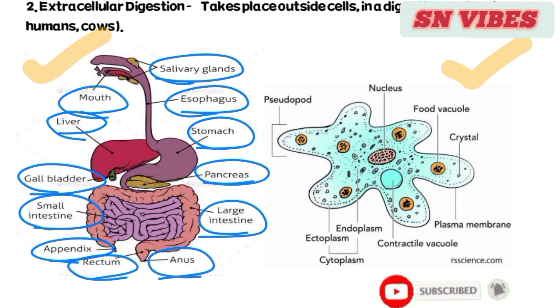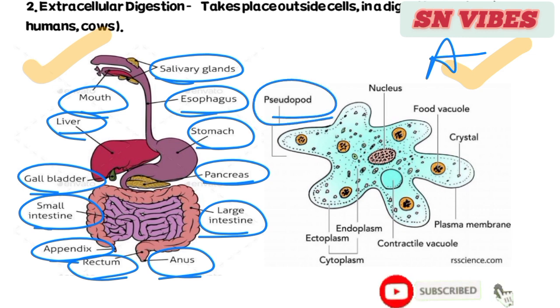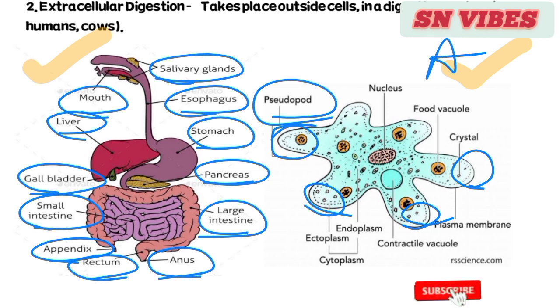The second type, the intracellular digestive system, has the best example, as I told you, of the amoeba. Here is the amoeba. Let us see its parts. This is the pseudopodia, also called pseudopod, the arm-like structure you can observe here. These help in grabbing the food and digesting it.